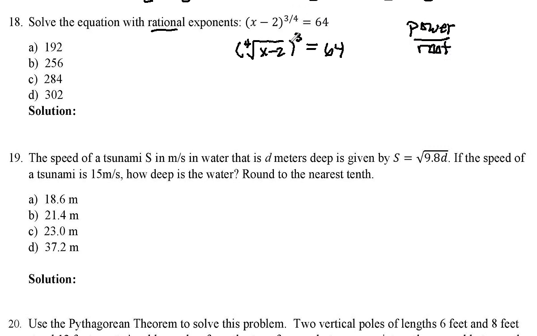So if we wanted to, we could take a cube root on both sides and then take a 4th power on both sides. Or if we want to, we could do things all in one step. We could do that by taking 4/3 power on both sides, whichever one you like. I'm going to go ahead and do everything at once.